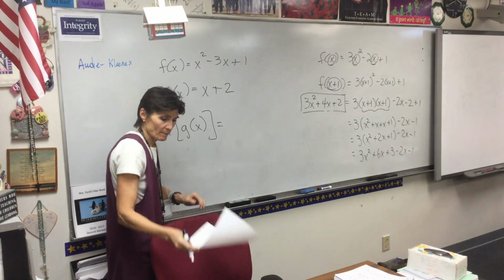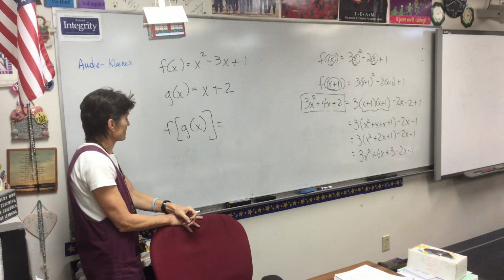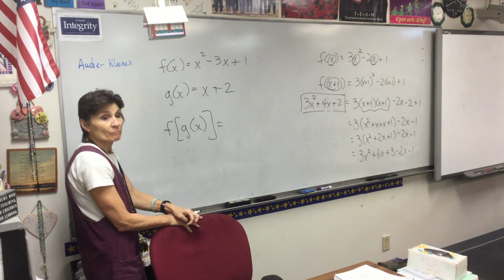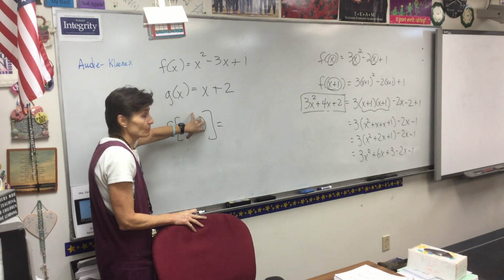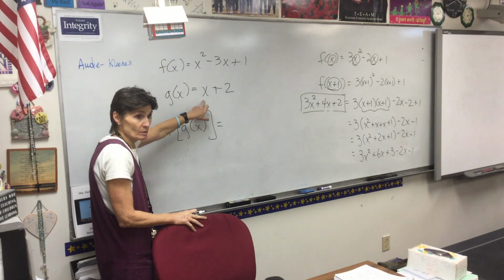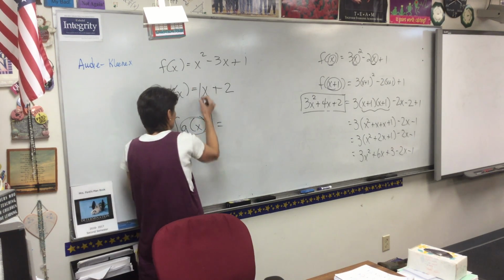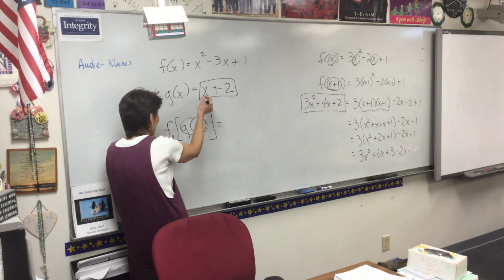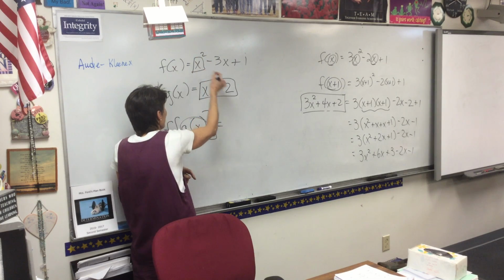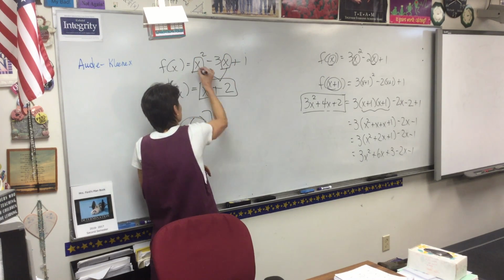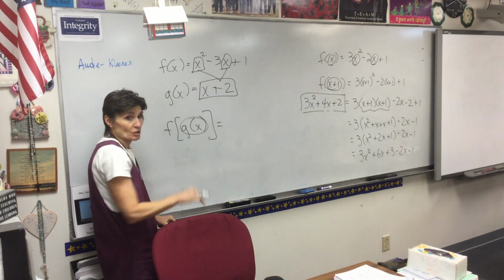Okay, this was way back in chapter 1. What do I do with this? Plug in this, right? x plus 2. This says plug g of x, which is this right here, into f. So every time there's an x, we're going to put this in its place. It's very much like that problem. It just looks different.